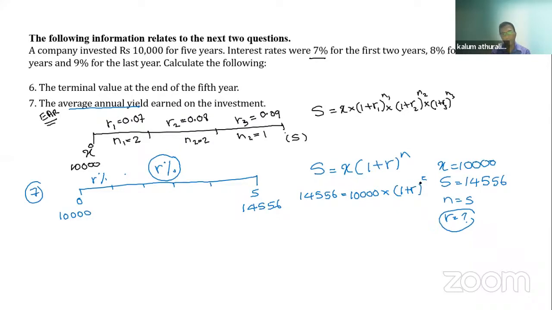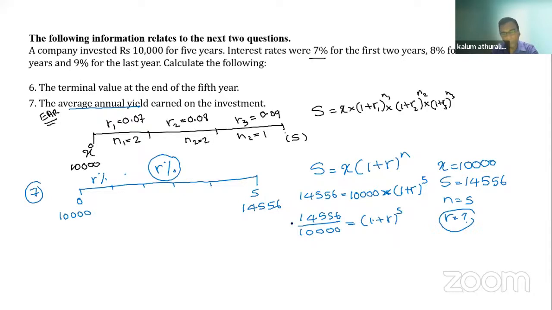However, how to simplify this? 10,000 goes to the left hand side. Here the operation is multiplication, so it becomes division. 14,556 divided by 10,000 equal 1 plus R to the power 5.